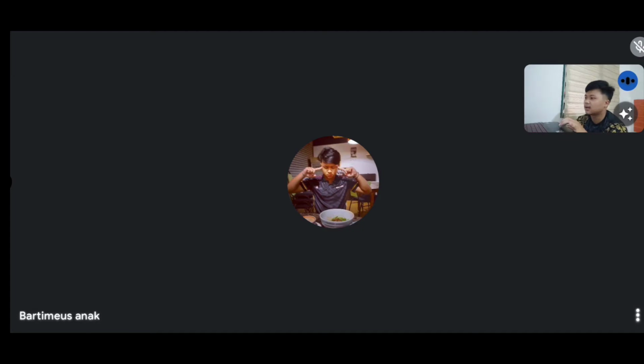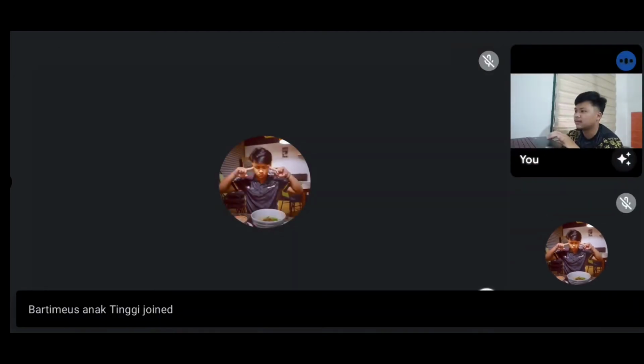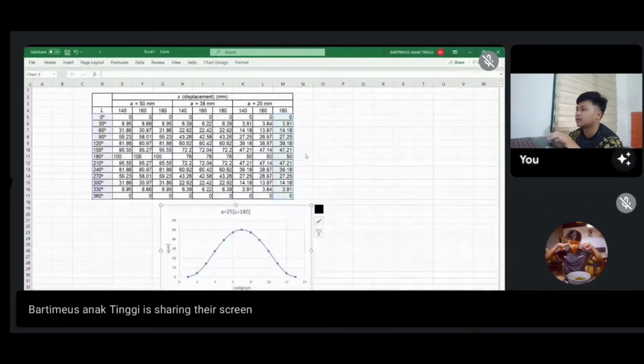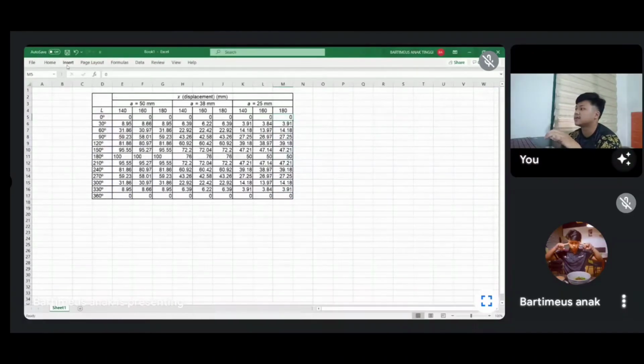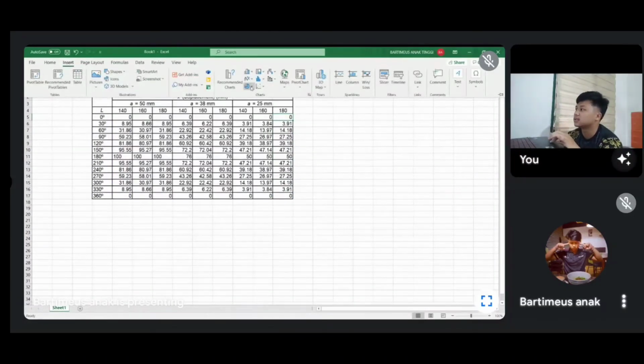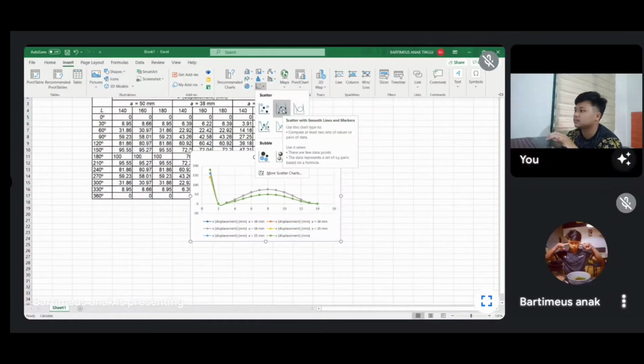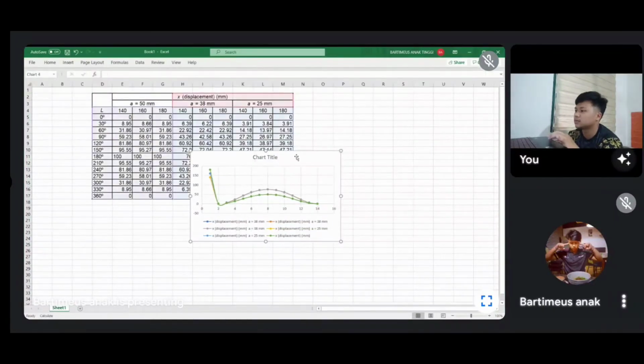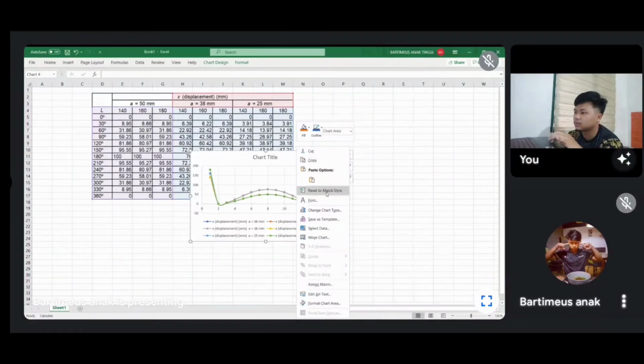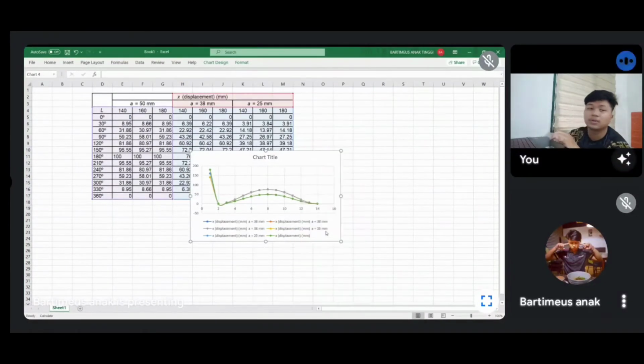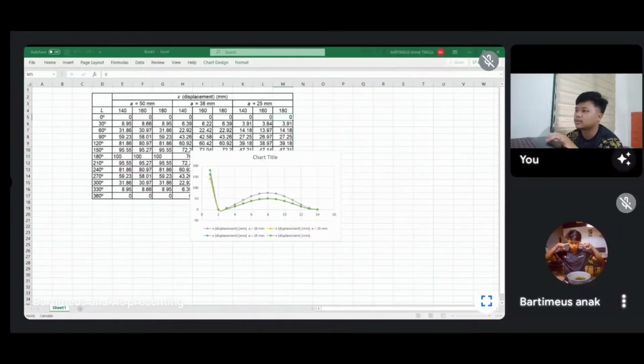First we go to insert and find chart and choose this one. And then we go to select data and add.